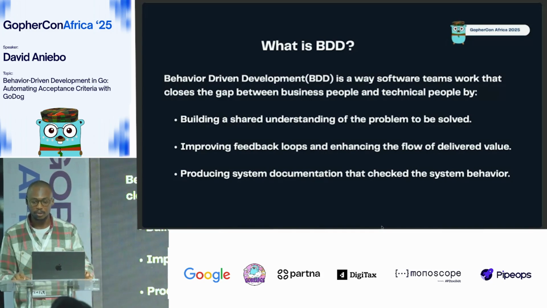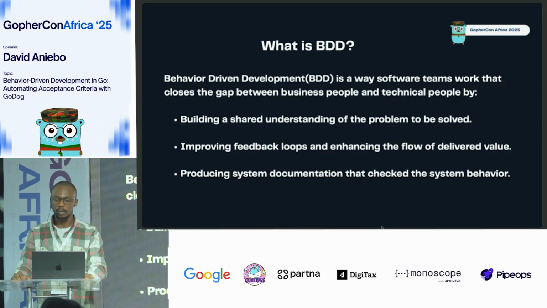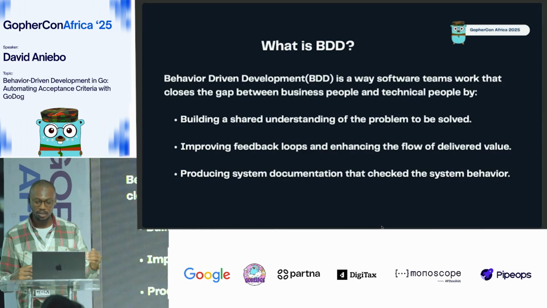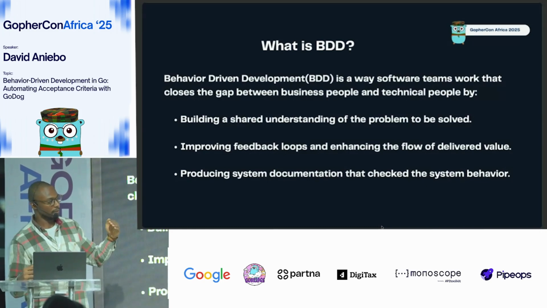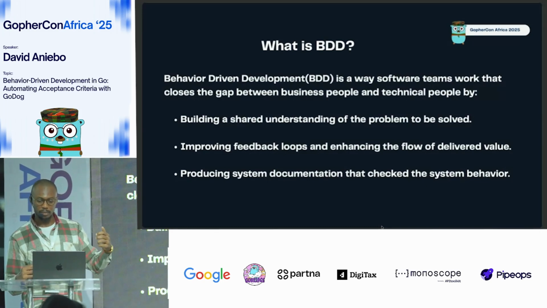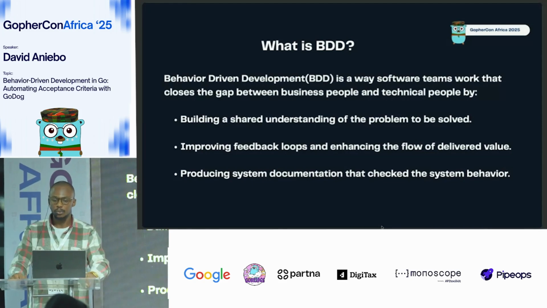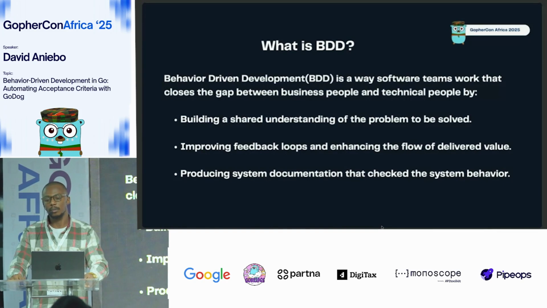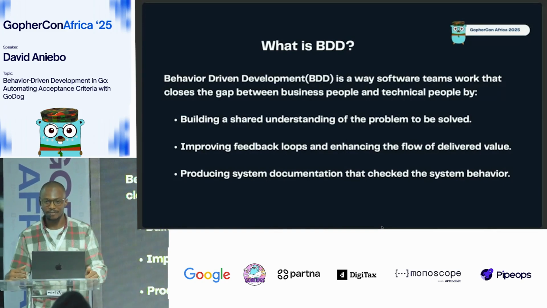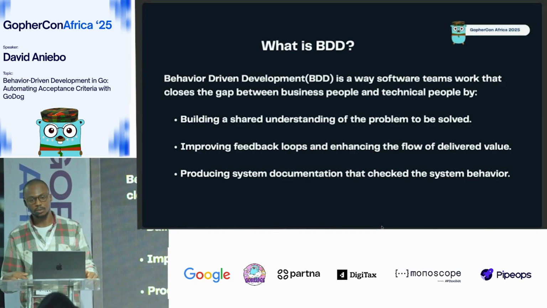BDD helps us in this way because with behavior-driven development, you build the software using concrete examples. You are actually describing the feature or the scenarios and the problem we want to solve. Let's take, for example, you want to build a payment system where we want to stop users from entering invalid credit card details.